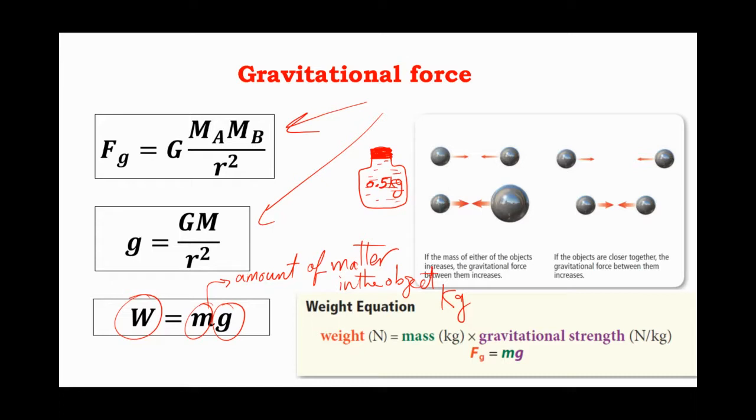So the mass stays unchanged, while the weight depends on the gravity acceleration. So it depends on where you are. If you measure the weight at the surface of the Earth, it's different from the weight at the top of the mountain.